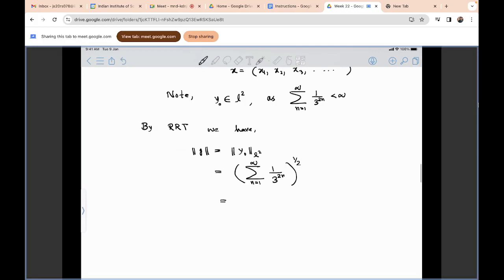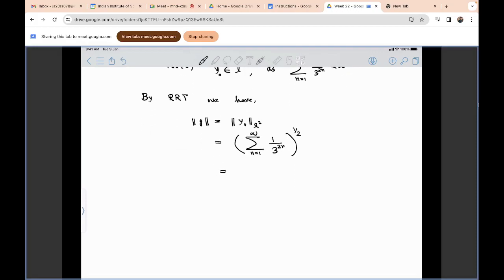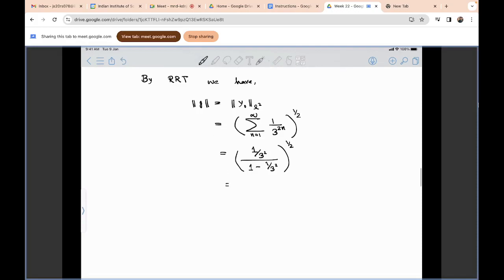Now if you calculate this infinite geometric series, it is a by 1 minus r, which gives 1 by 9 over 8 by 9, so 1 by 8.